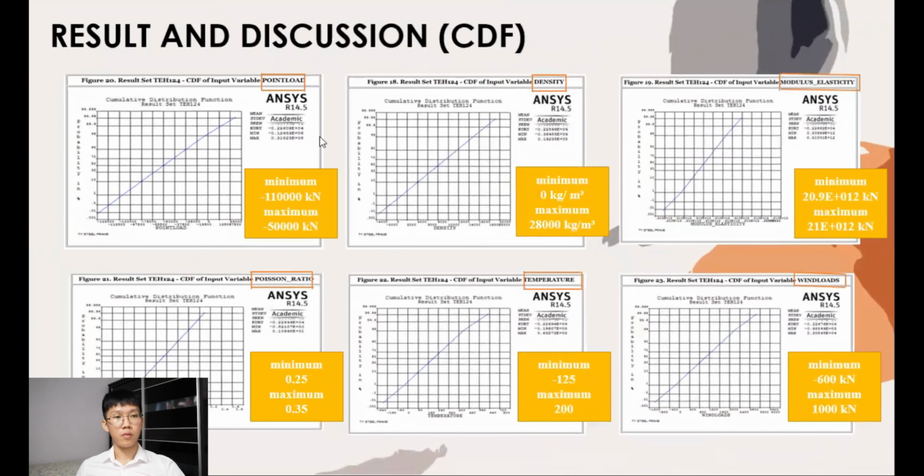The CDF graph, the point load, the minimum value is negative 110 kilonewton, maximum is negative 50 kilonewton. The density value is here, the modulus elastic value, Poisson ratio value, temperature value, and wind load value.